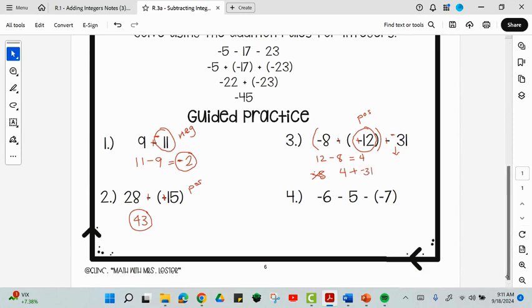So the bigger number is 31, which means our answer will be negative since it's negative. And then we're going to subtract 31 minus 4, and that is 27. And since 31 is negative and it's bigger, it's going to be a negative answer.